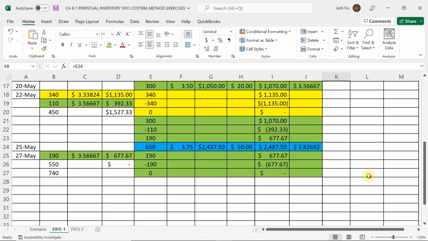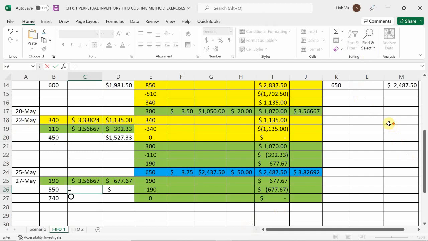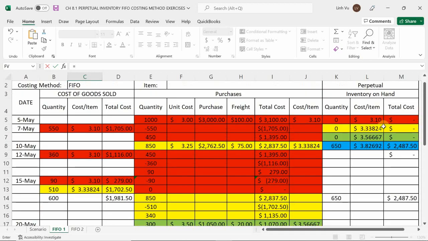And how many do I need to get rid of to get my grand total of 740? I need to get rid of 550 units. So in this case, what's my cost per item for my blue batch of inventory? 3.82692. Good.